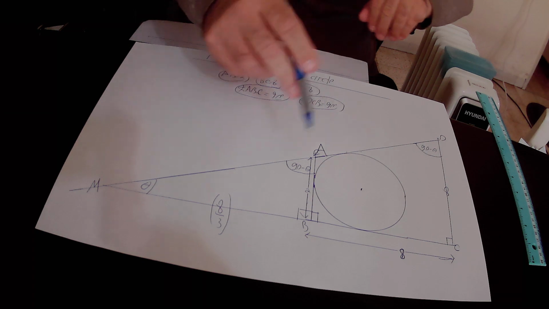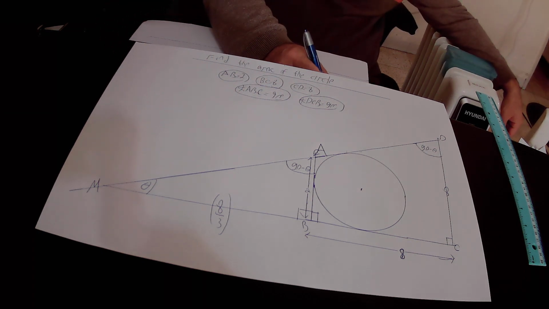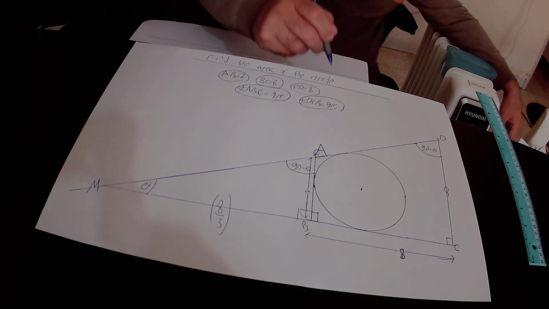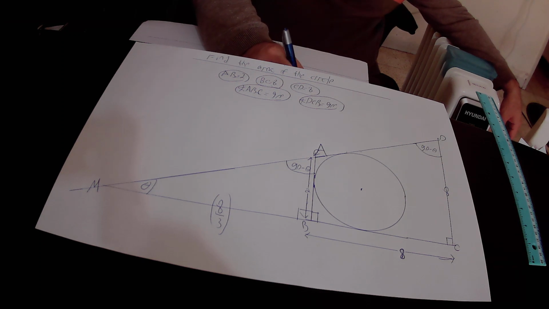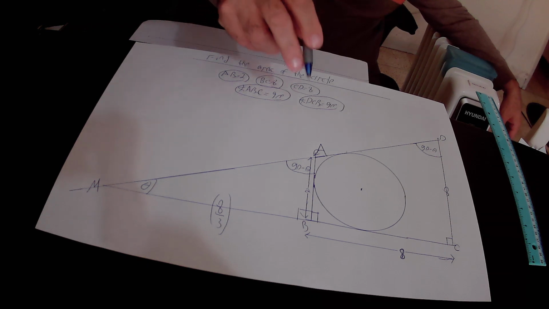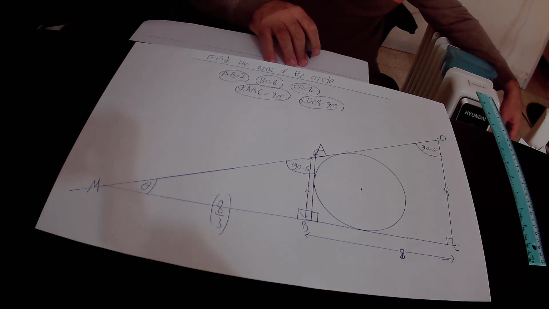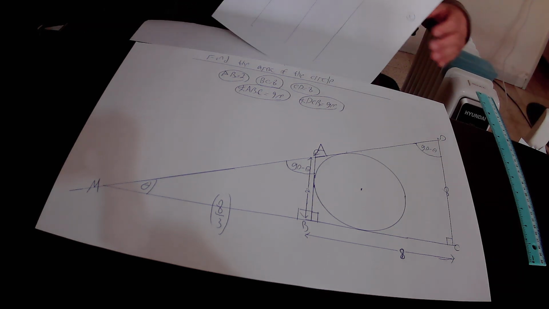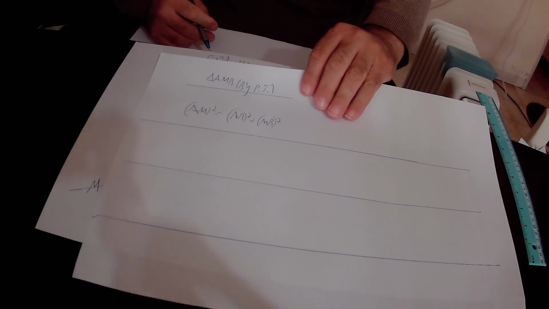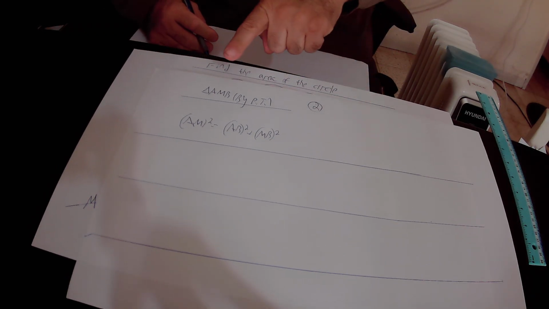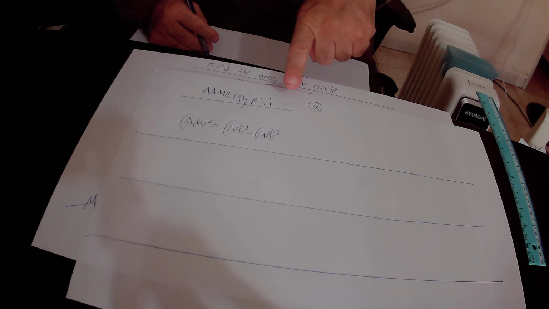The hypotenuse in the right triangle AMB is AM, therefore the square of the hypotenuse is AM square, and it must be equal to AB square plus MB square. So I'll repeat again: in the right triangle AMB, according to the Pythagoras theorem, AM square equals AB square plus MB square.